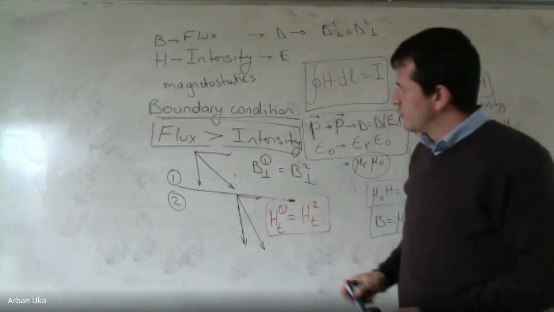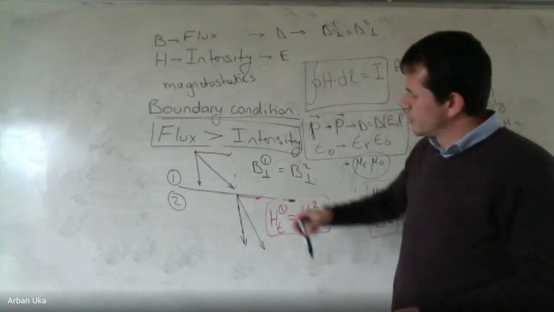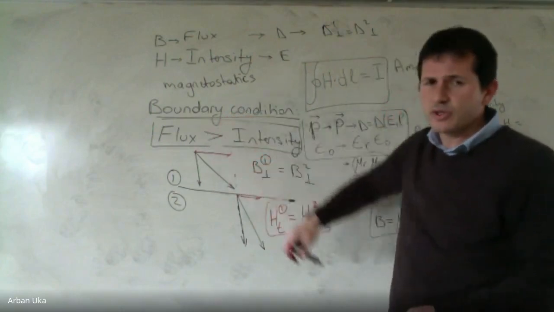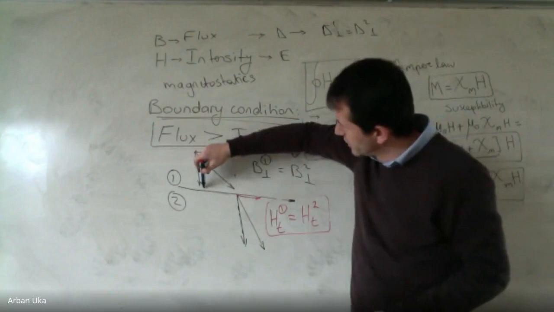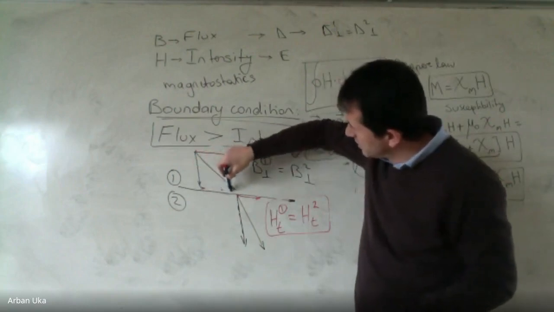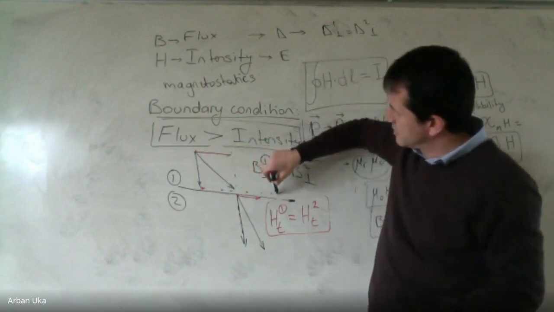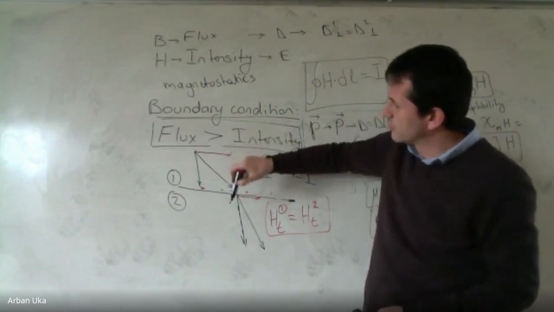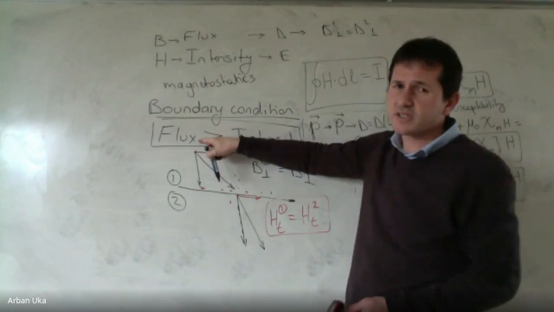So why is it easier for the tangent components to be conserved? Because moving from this point to here is not something very essential. Moving from 1 to 2, that's difficult, so only flux can do that.